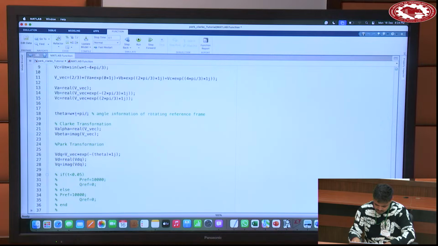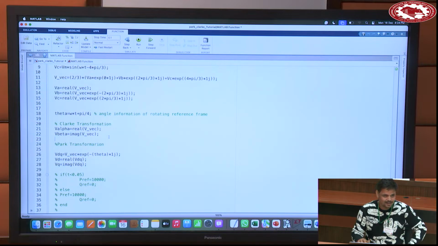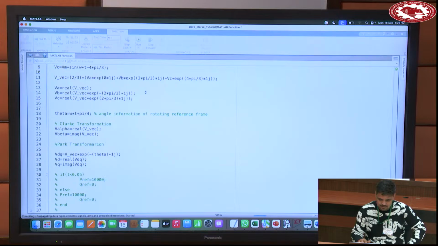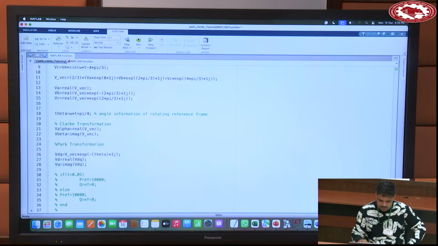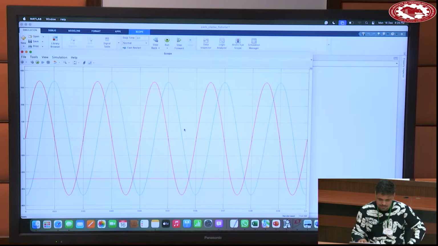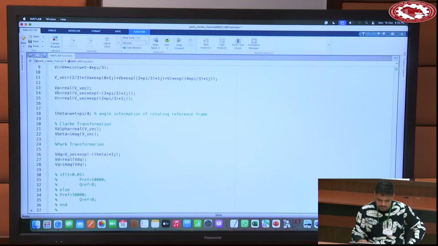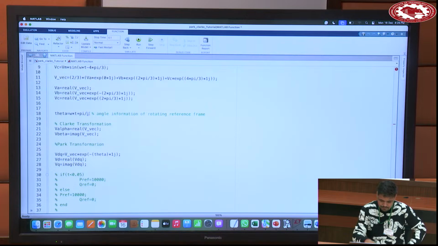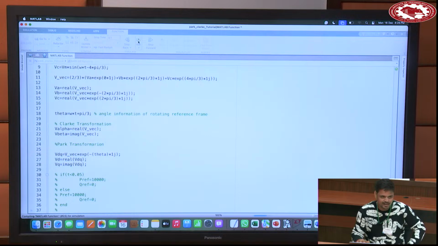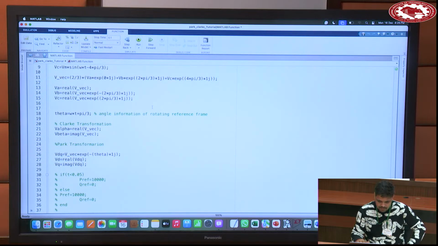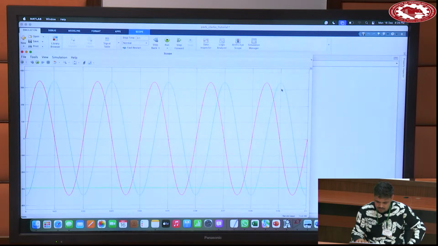Calculation says both will be non-zero, both will be equal, both will be negative. Correct? Okay, let's see the magic. Overlap, both will be negative. Okay, this was not much fun, let's do it again and change the angle. Let's make it pi by 3. Still both will be negative, but the magnitudes will be different. Both are negative but different magnitude.